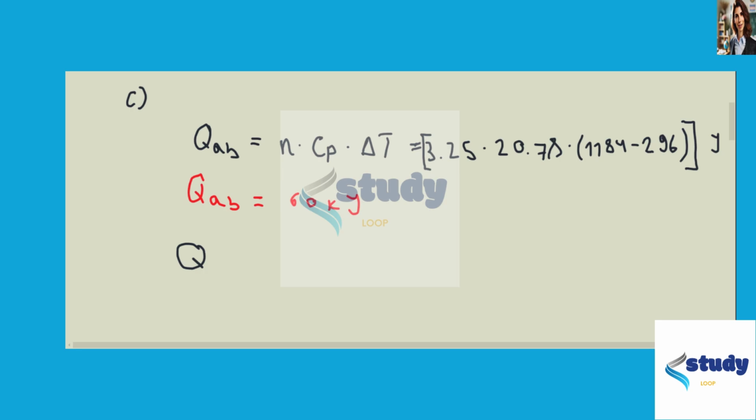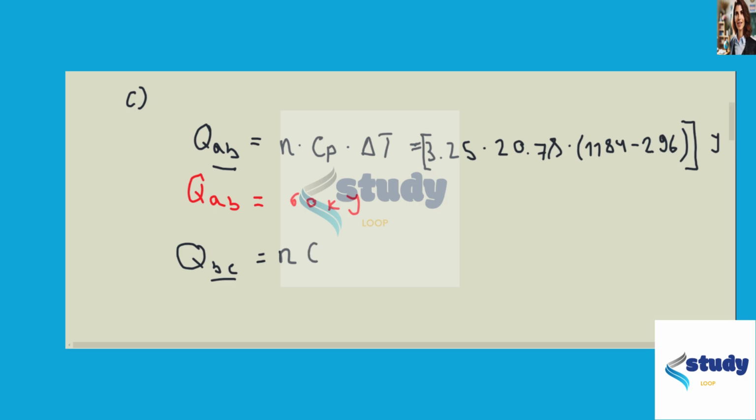So Q_BC, we have from A to B, and from B to C, and that is the complete thermodynamic process given here. In this part of the process, the volume will be constant, so we will use C_V for the heat capacity.